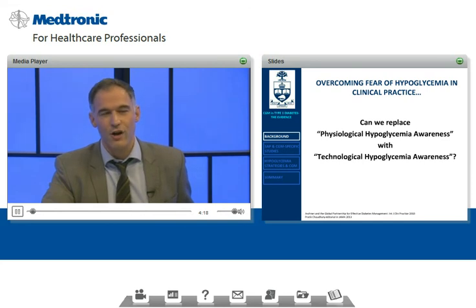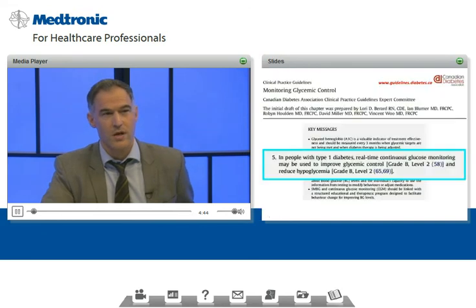Do we feel confident that if we're becoming hypoglycemic, our bodies will tell us that this is happening? And we know that this is generally in longer duration diabetes, but can happen to anyone, even with short duration diabetes, after a hypoglycemic event, after a bout of exercise, etc. So can we replace that awareness with technological hypoglycemia awareness? Can we now trust a device to help us with that awareness?